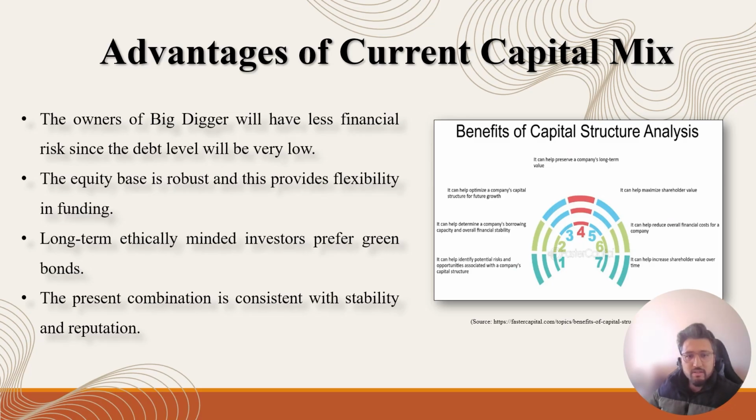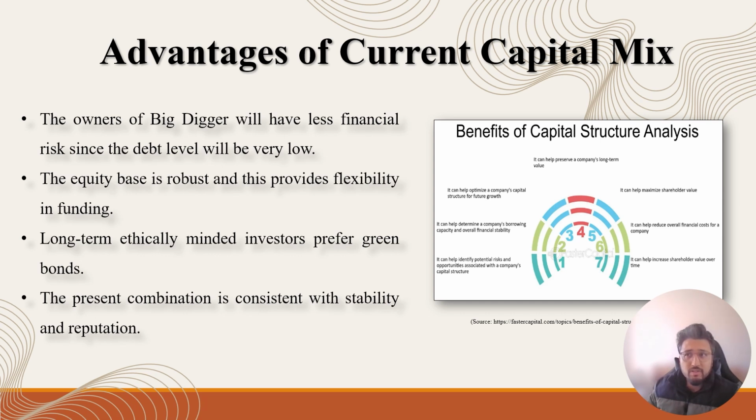Looking at the advantages of the current capital mix, Big Digger's current capital mix has very strong benefits, because it does not rely much on debt, and its financial risk is very low. It also has flexibility, thanks to its strong equity base, and by using green bonds, it builds trust with socially responsible investors. Adding it all together, this approach supports long-term stability and ethical business value.